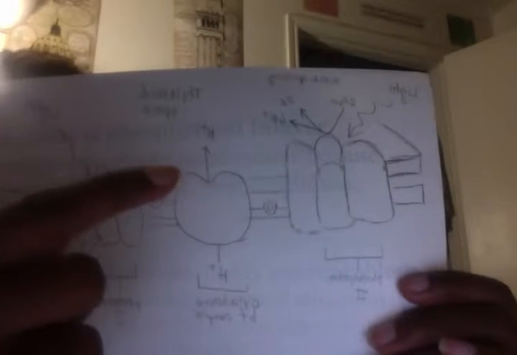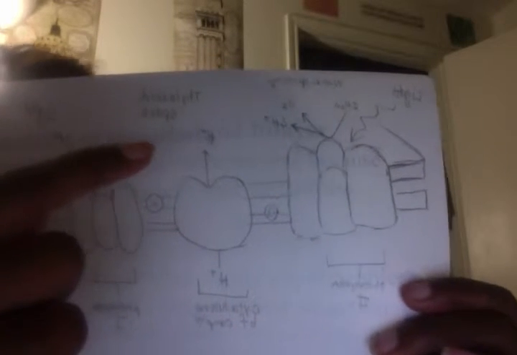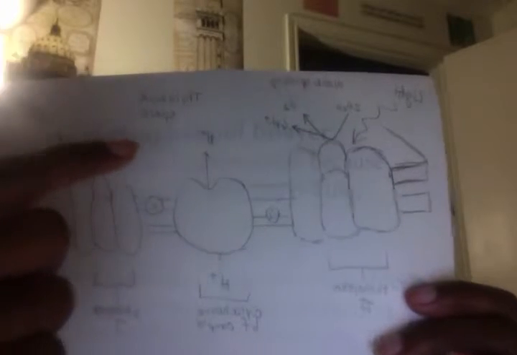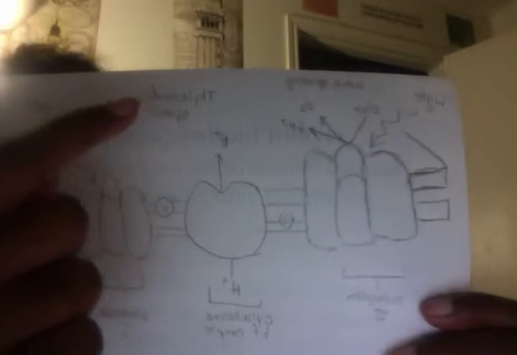The chlorophyll A donates its electron to the transport chain, which comes through here, and this is where the protons are going to move through the gradient across into the thylakoid space up here, which results in a higher concentration of protons.